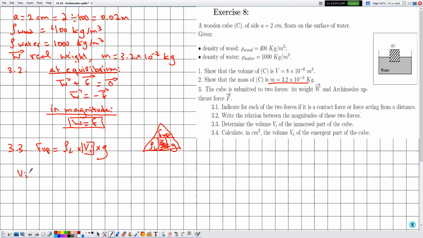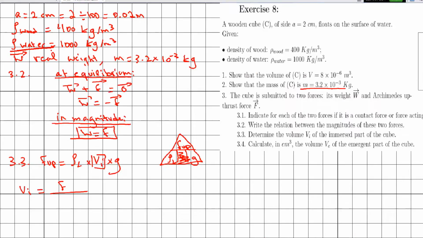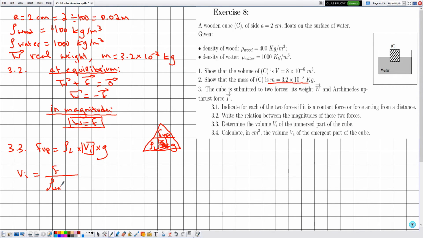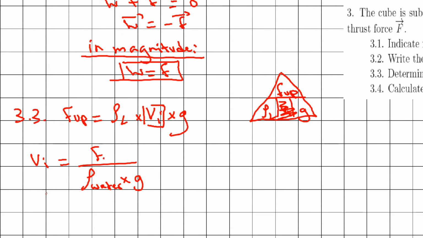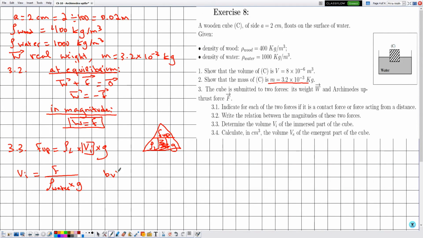So Vi, the volume of the immersed part, is given by the value of F upthrust, denoted by F, divided by the density of the liquid, denoted by rho water, multiplied by the value of G. So in order to determine Vi, we need to know F, rho water, G. But recall that the value of F is given by W, and the value of W is given by M multiplied by G. Then in this case, we have that F is equal to M multiplied by G.